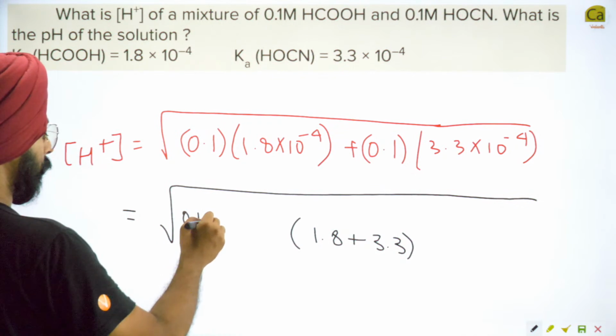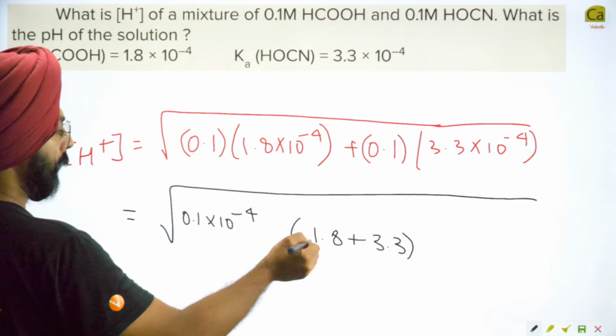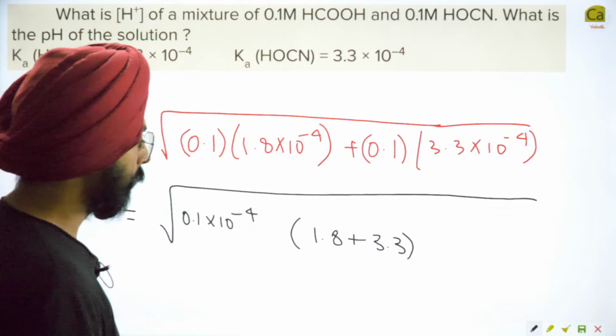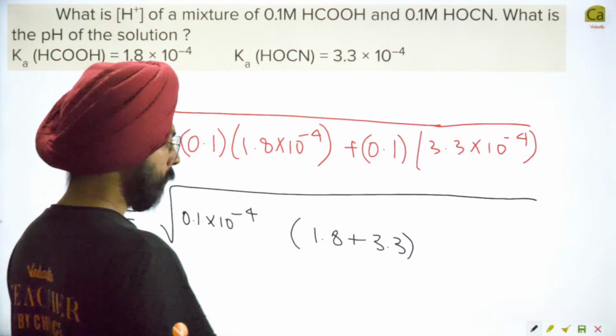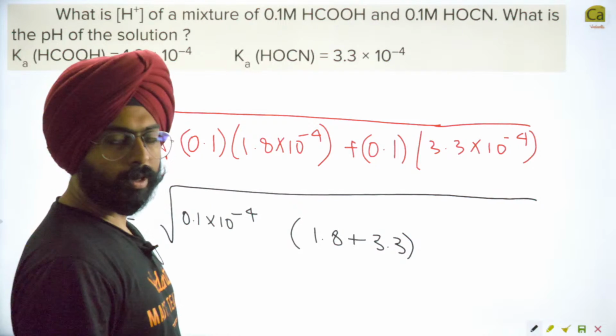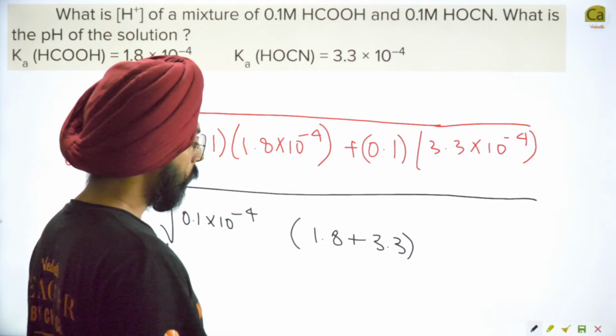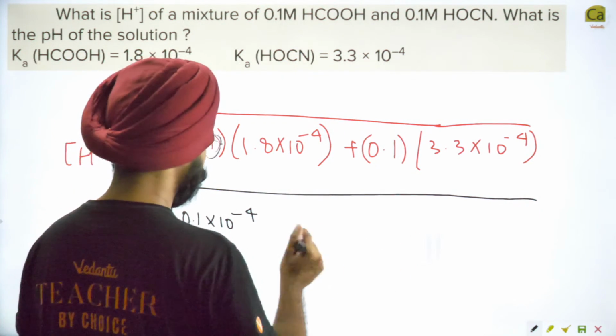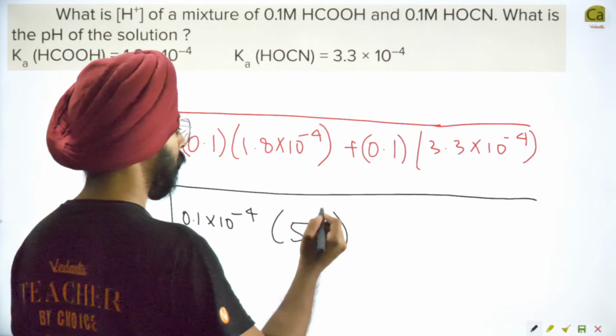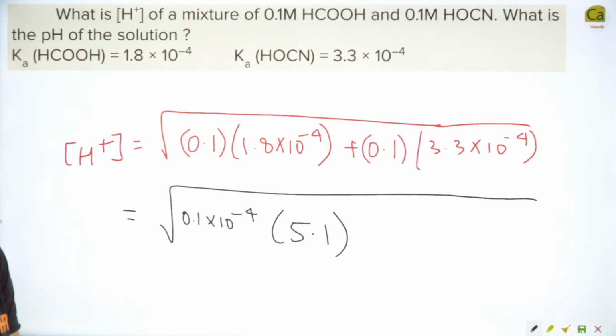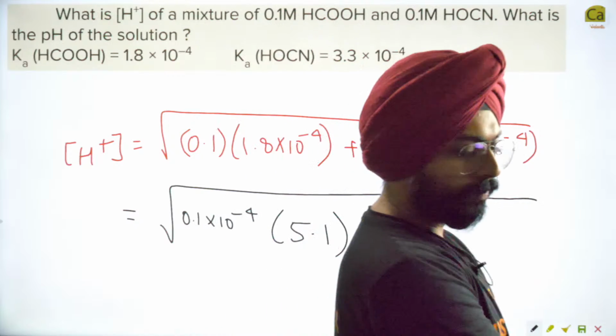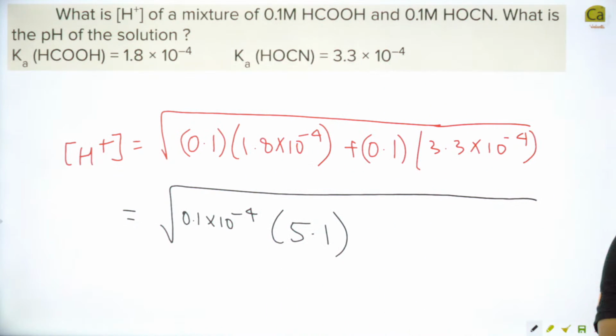Let's write as 0.1 into 10 to the power minus 4 अभी के लिए. So 1.8 plus 3.3, कितना आ गया? 5.1. ये हो गया 5.1. तो बस यही करना है अपने को. This is what we have to do.